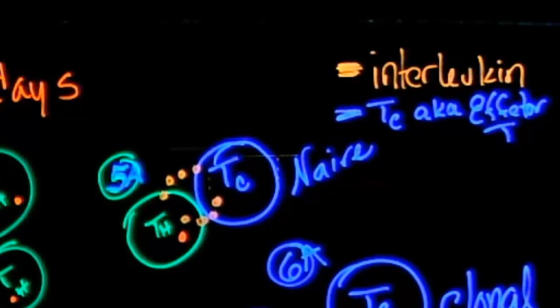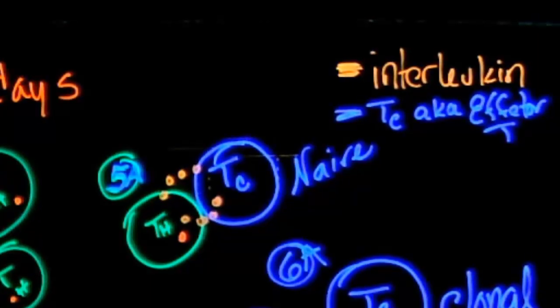They are a cell that gets right out there and starts destroying. I sometimes think of these as the Navy SEALs. But a naive cytotoxic T cell is essentially like a person going into boot camp to become the Navy SEAL. So cytotoxic T cells are sometimes referred to as effector T cells.